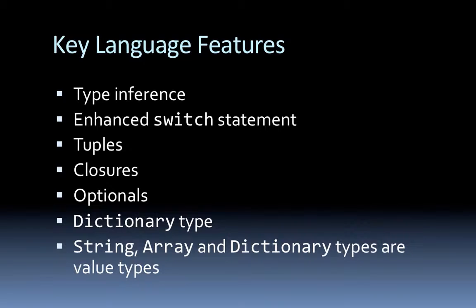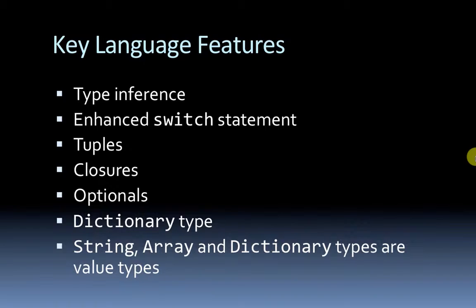So for example, if you have a variable that is of an enumeration type, you can assign a constant from that enumeration type to the variable without qualifying the constant's name with the type name. And the reason for that is that Swift already knows the type that the constant has to come from based on the type of the variable.